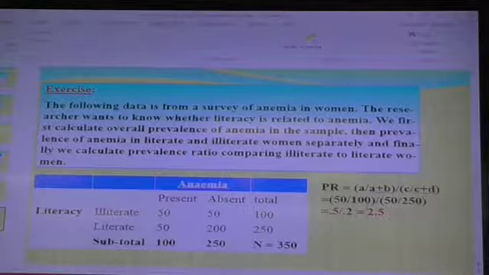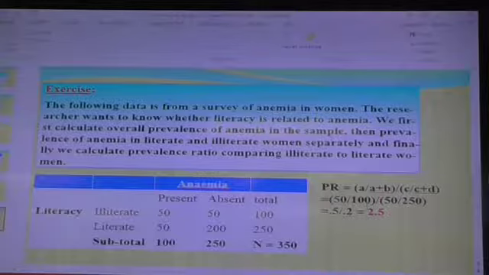Anybody who can try? You are comparing two groups, isn't it? Illiterate and literate people. Your numerator is what? Your numerator is illiterate, and your value is 2.5. Literate, yes. 2.5. So it's just using that one.